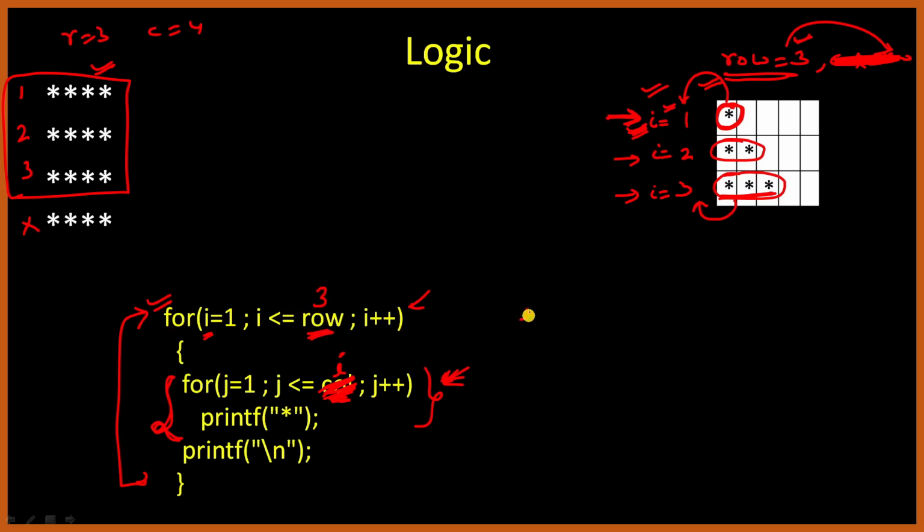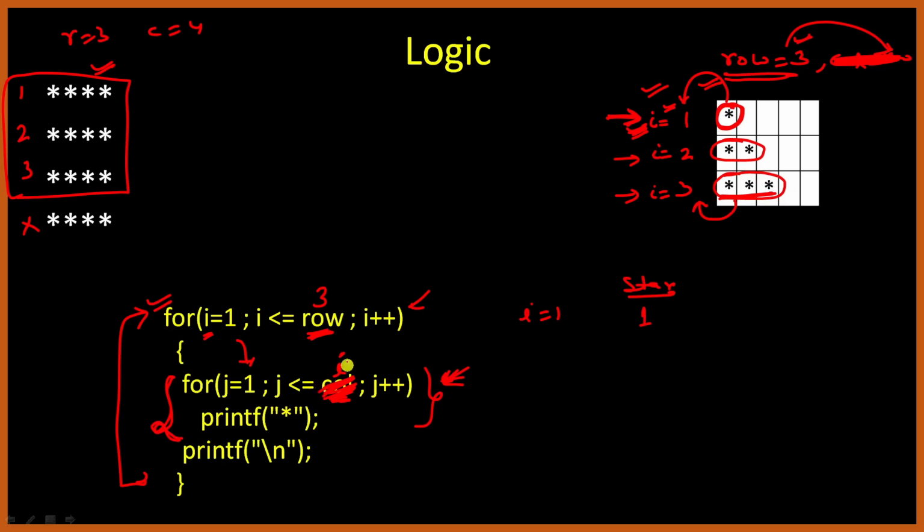So let's see. For the first time I equal to 1, here we will come. Now how many stars should this loop print? Only one star for row number 1. For the current row number, that is I equal to 1, it should print only one star, right?